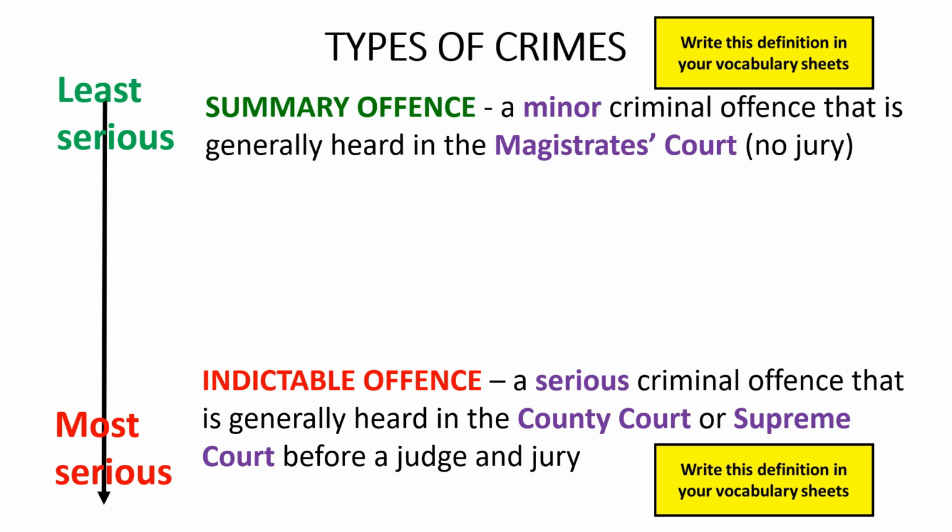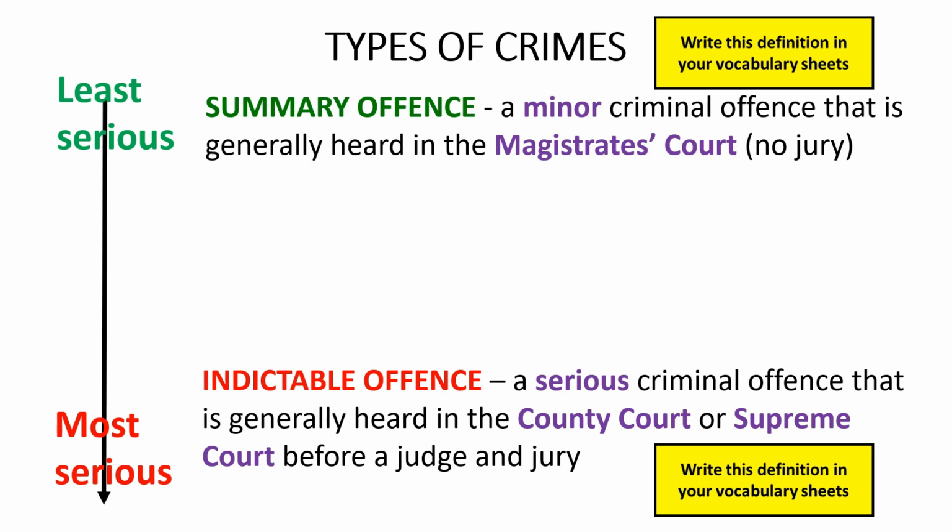Unlike in the magistrate's court, there is a jury for all criminal trials in the county court and the Supreme Court. Well, what then is the distinction between a summary offence and an indictable offence? There are 2 significant differences between summary offences and indictable offences, and you can see these from the definitions included on this slide.